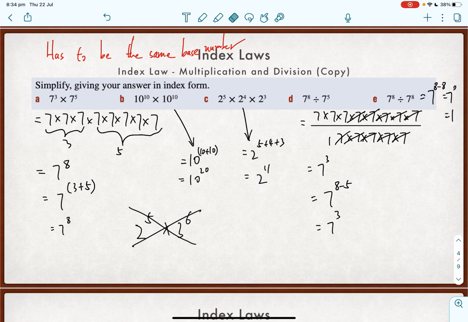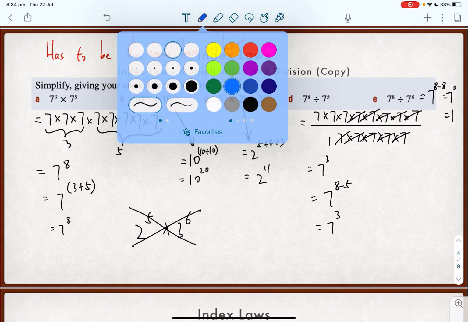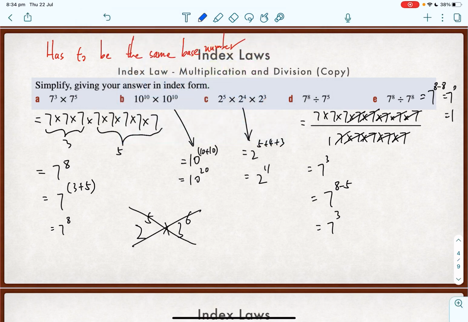Okay, cool. So again, just a recap. I'll write in blue. Let's say 2 to the power of 5 times 2 to the power of 3 will be the same as 2 to the power of 5 plus 3, which is 2 to the power of 8. Okay, so when you have two index numbers with the same base, you can just add the index.